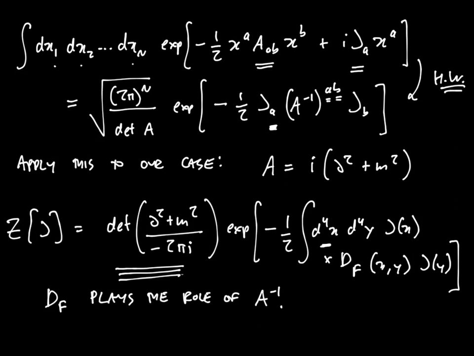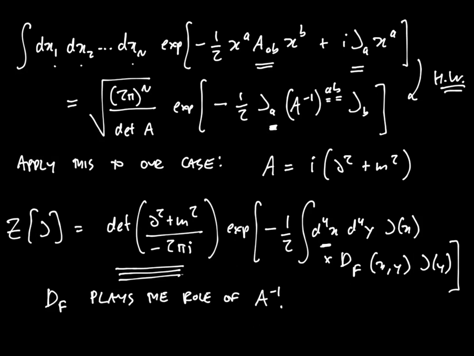So the way to calculate this is the same thing you always do when you compute a determinant. The determinant is actually the product of the eigenvalues. So what you do is you find the eigenvalues of the differential operator and multiply them all together. So this is really a very beautiful thing. Again, take a look at the homework where you'll get to mess around with this a little bit. But we're not actually going to need it much in this thing, so we'll come back to it later.